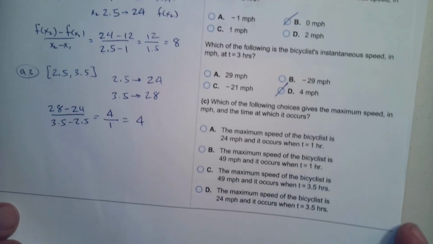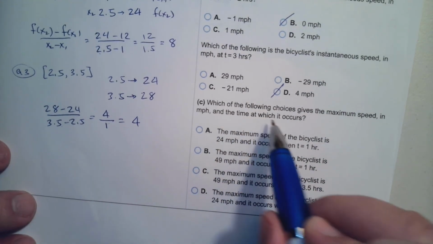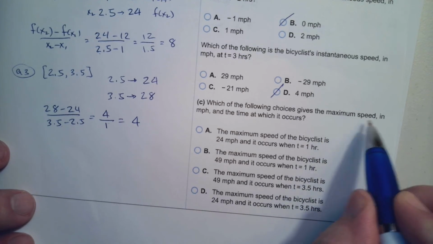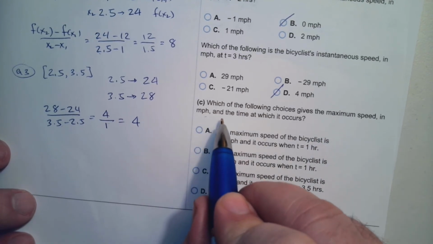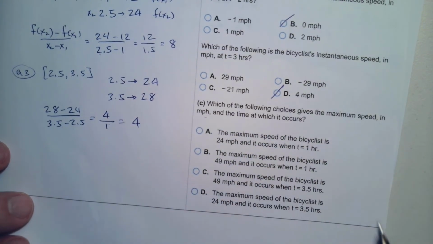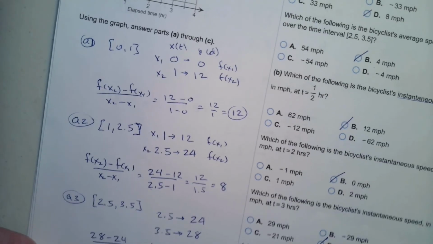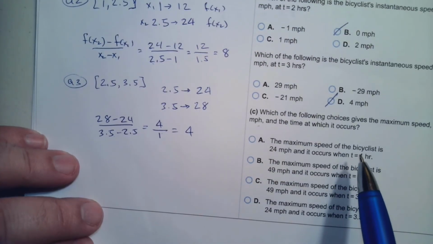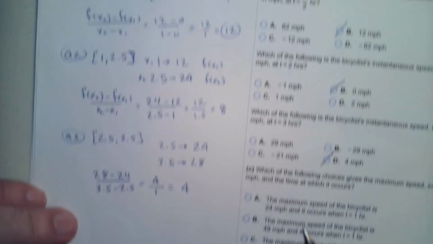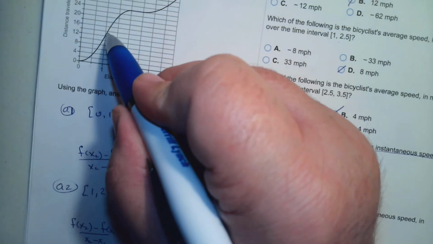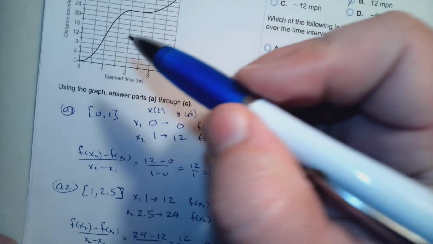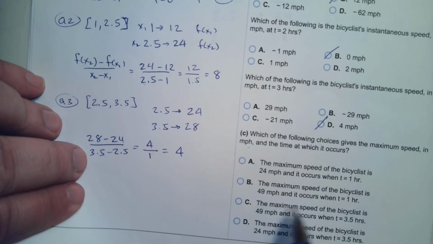Okay. Now C. Which of the following choices gives the maximum speed in miles per hour at the time in which it occurs? First one, when t is 1, 24 miles an hour. Okay. At 1 hour, it's 49.